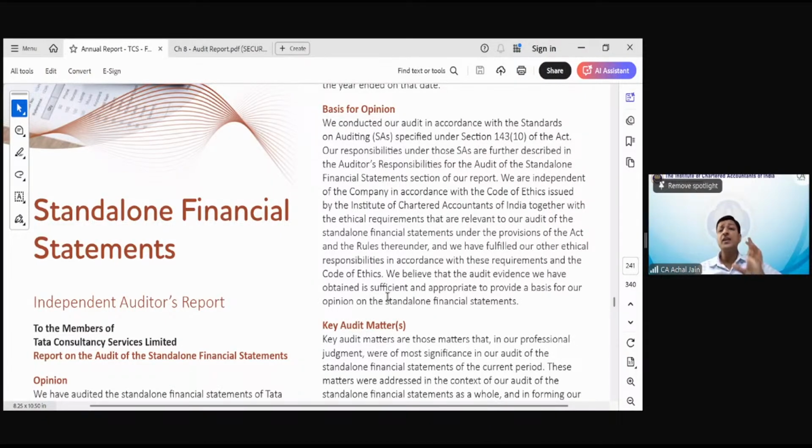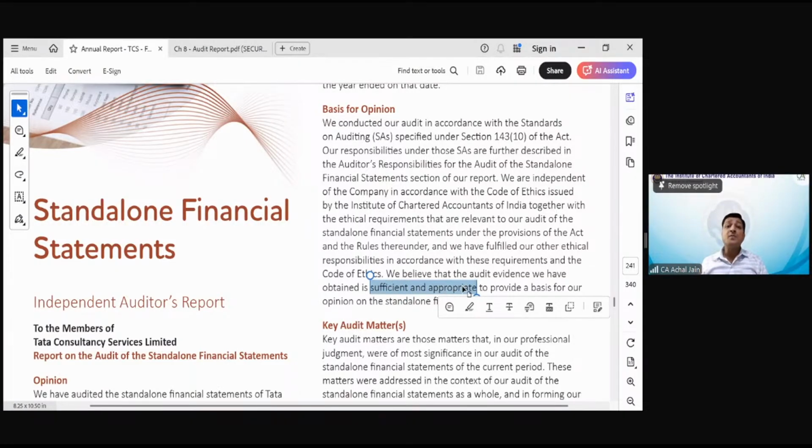Now, this is very, very important. Because if you go back to the objective of audit, what is that? That the auditor should obtain reasonable assurance. Yes or no? The auditor is required to obtain reasonable assurance around the audit of financial statements, for which the auditor is also required to ensure that he has in place sufficient and appropriate audit evidence.